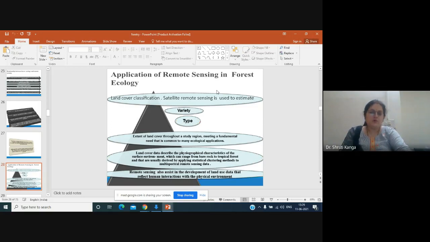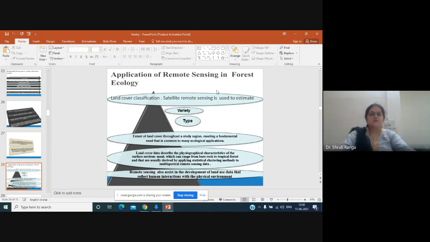What kinds of forests are there, and the extent of land cover through a study region, is a fundamental need that is common to many ecological applications. Land cover data describe physiographic characteristics of the surface environment, which can range from bare rock to tropical forest, and are usually derived by applying statistical clustering methods to multispectral remote sensing data.